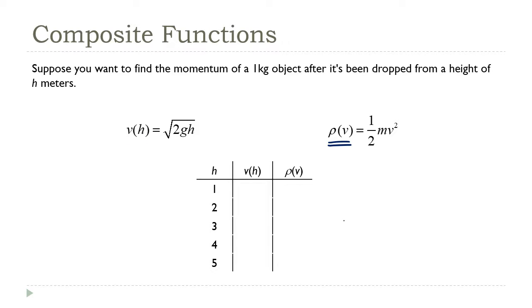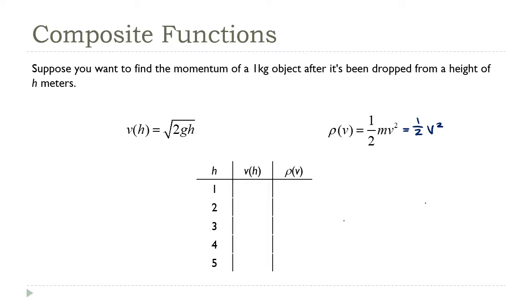Let me simplify my formulas a little bit here. We're talking about a 1 kilogram object, so I know the mass. That's the m in my momentum formula. So m is going to be 1. So this momentum formula simplifies to just 1/2 v squared.